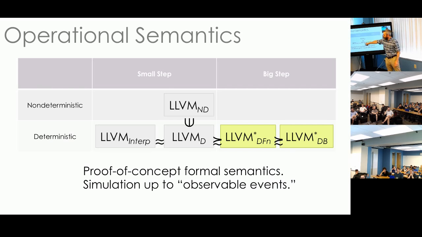Okay, so how do we use those operational semantics to prove properties like memory safety? Well, here's basically the idea. Let's recall that the standard programming language tool for proving safety properties is a preservation and progress theorem. So the basic idea is we have a notion of well-formedness for LLVM programs.